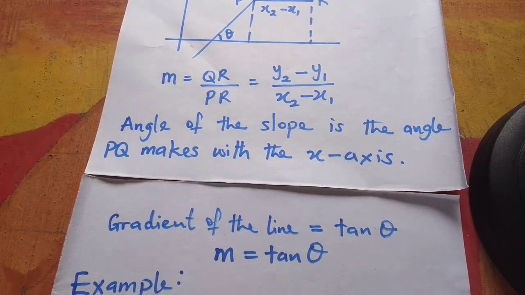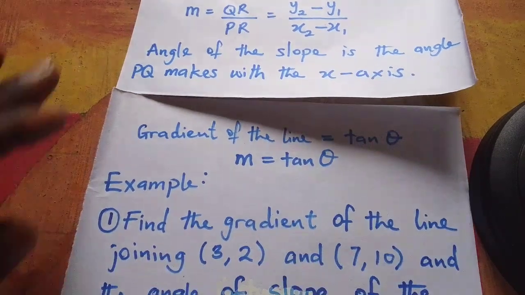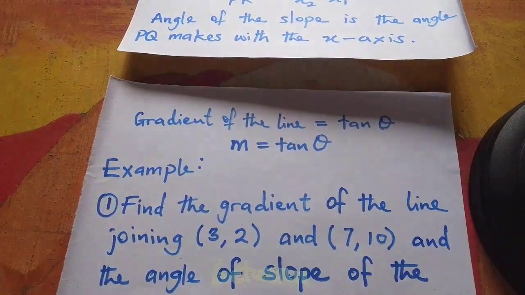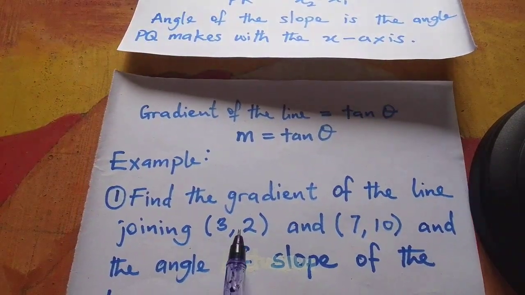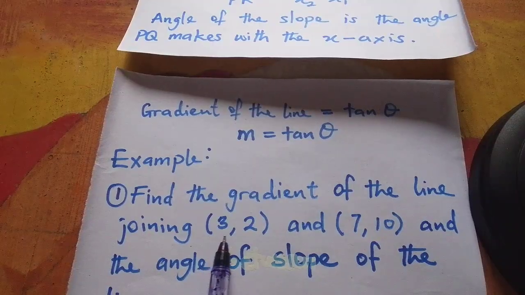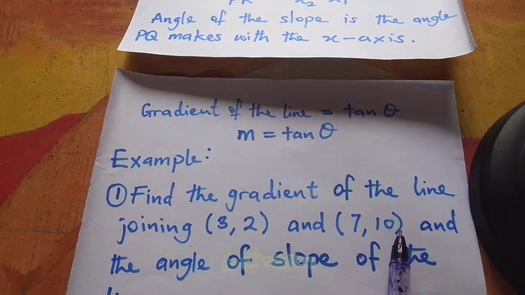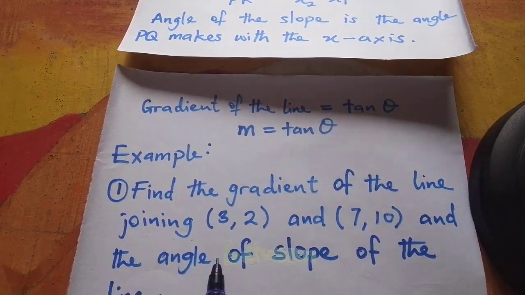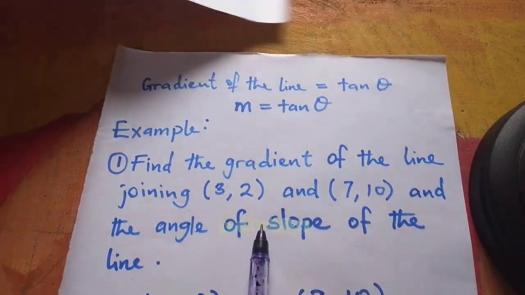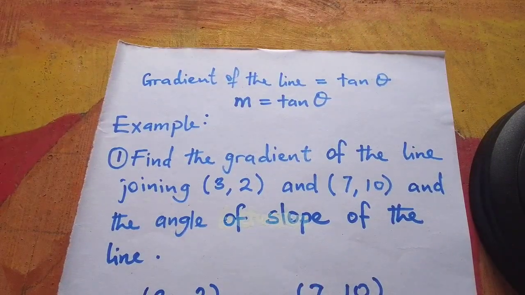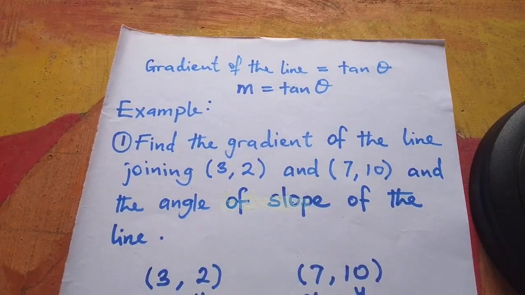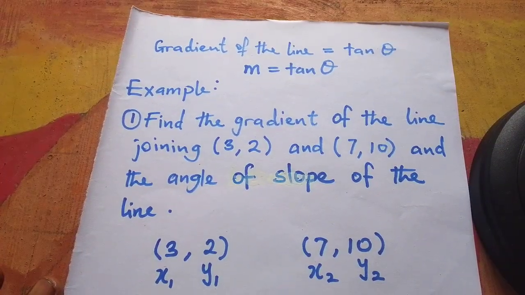Now let's do this by looking at one example. Find the gradient of the line joining the coordinates (3, 2) and (7, 10), and the angle of the line. That means the angle of slope of the line, the angle the slope makes with the horizontal axis. First of all, we need to get the value for the gradient, the slope.